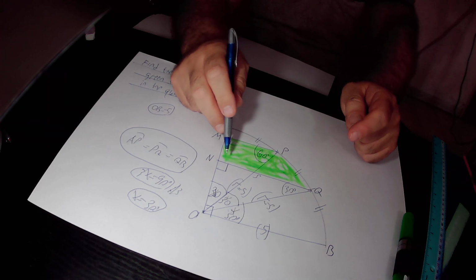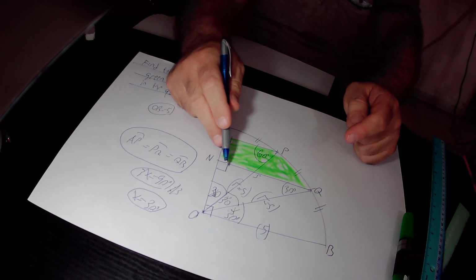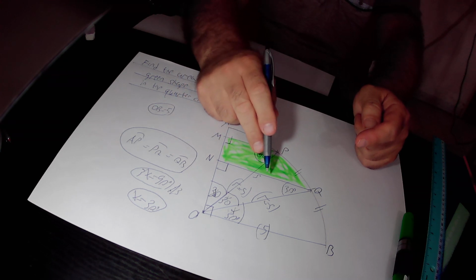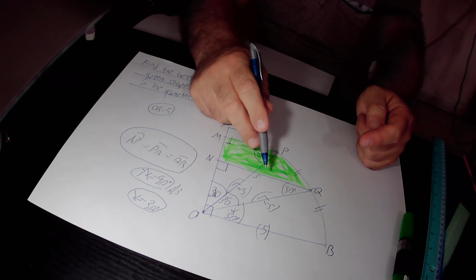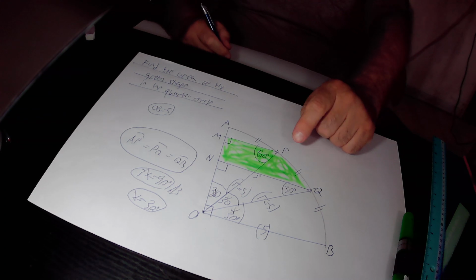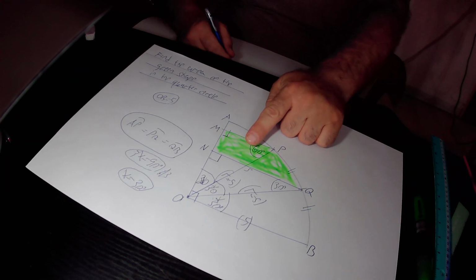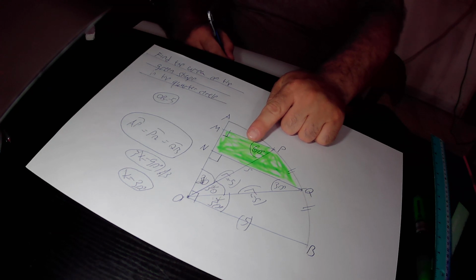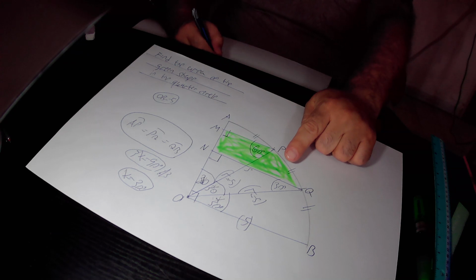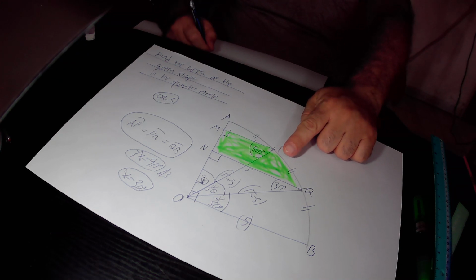That is to say, it must be equal to the area of the right triangle NSO plus the area of this triangle SQO. So I write it down. The right triangle NQO must be equal to the area of the right triangle NSO plus the area of this triangle SQO.